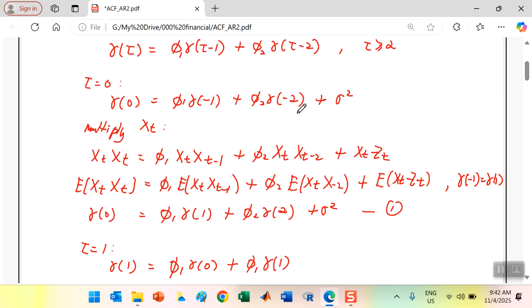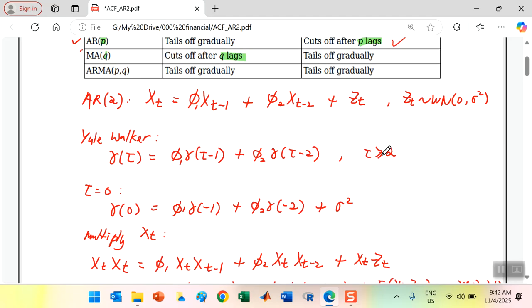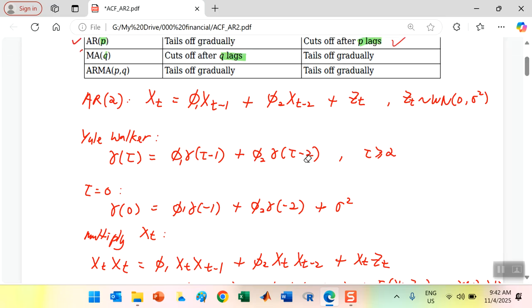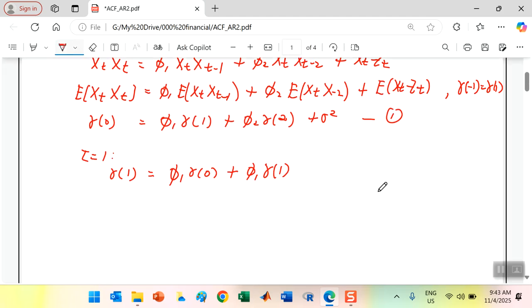For the equation, this should be larger than 1, because if you're talking about the non-zero terms, tau must not be minus 1. But anyway, it's also true for tau equal to 1. So this will be the equation.